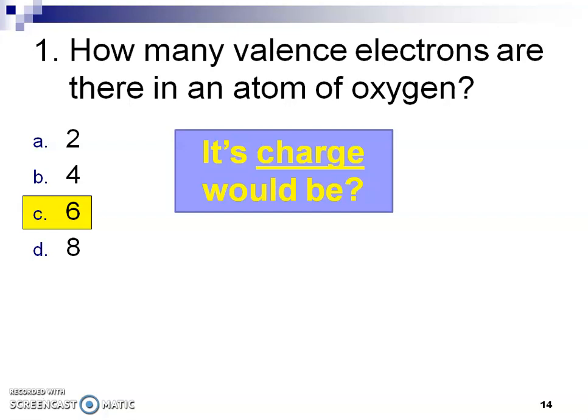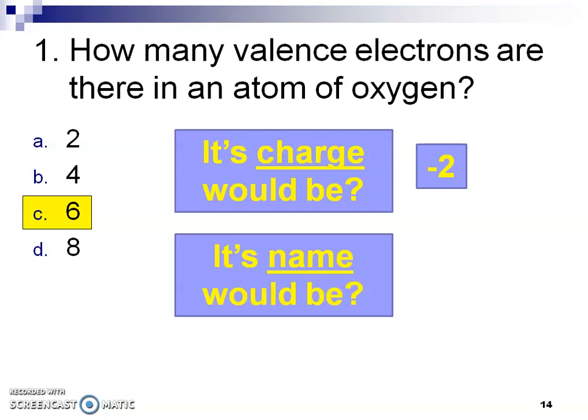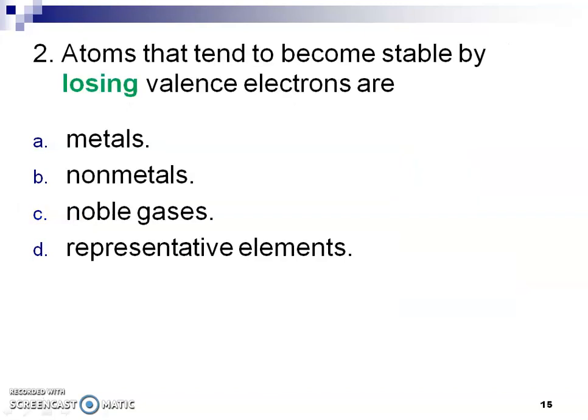All right, so what then would the charge of oxygen be? Pause. Hopefully you came up with -2, whether you know how many valence electrons or you know its location and the periodic trend. All right, another question. What then would the name of that ion be? Hopefully you came up with oxide. Good job.